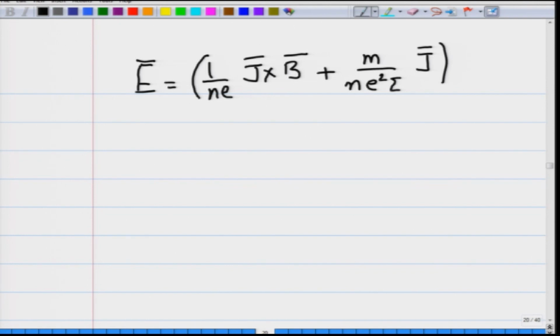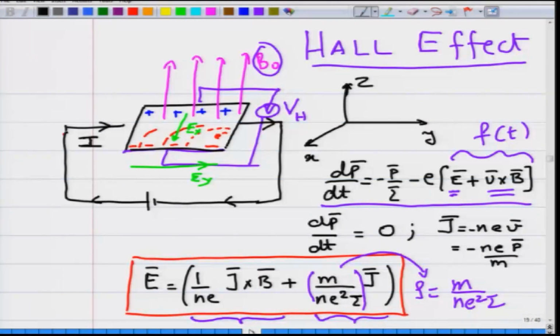Now, if you recall from the previous figure, the magnetic field that we had applied, B, was B0 z cap as per this choice of axes, and the current density J is running along the y cap direction.